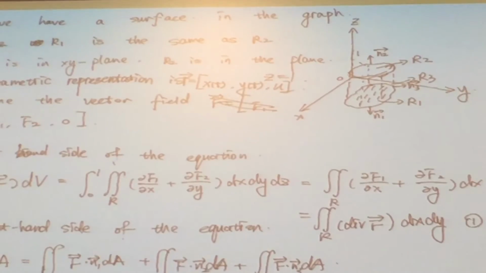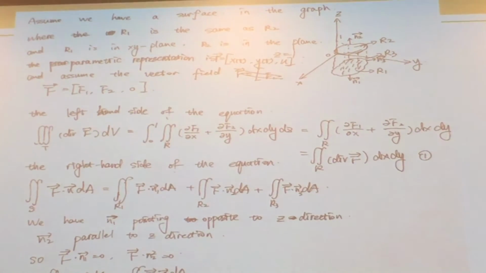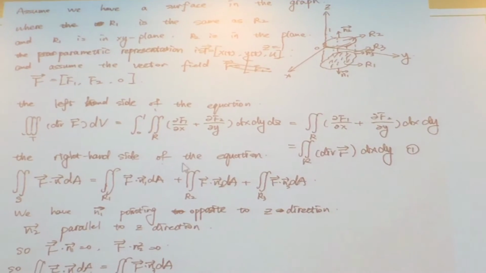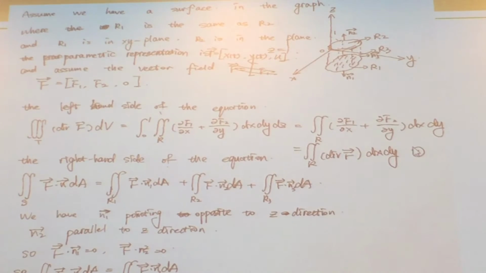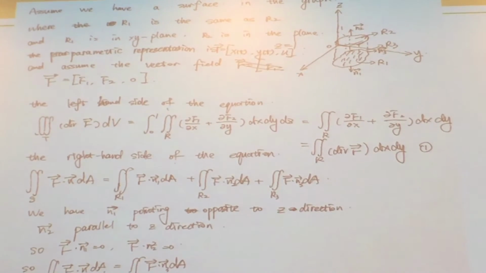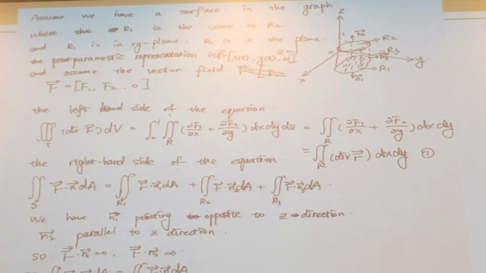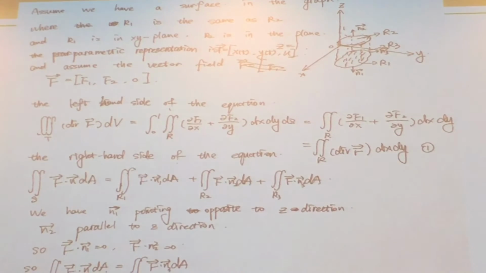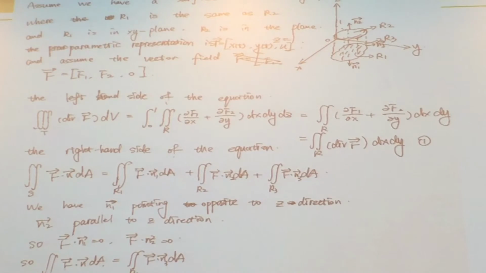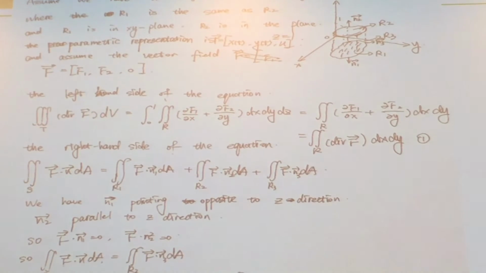And here, look at equation 1. The divergence of the vector field, because the k component is 0, just has two components: the partial derivative of F1 with respect to x and the partial derivative of F2 with respect to y.